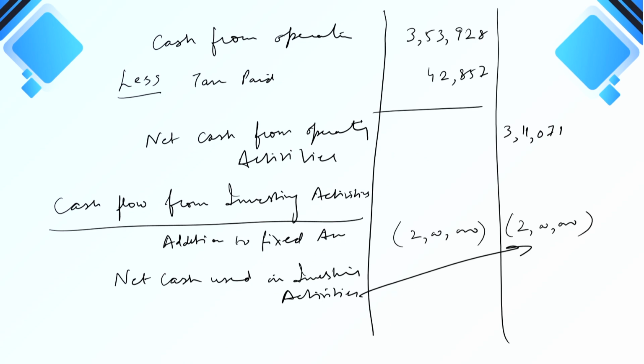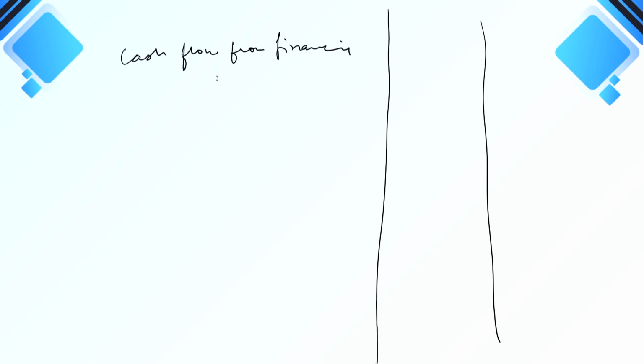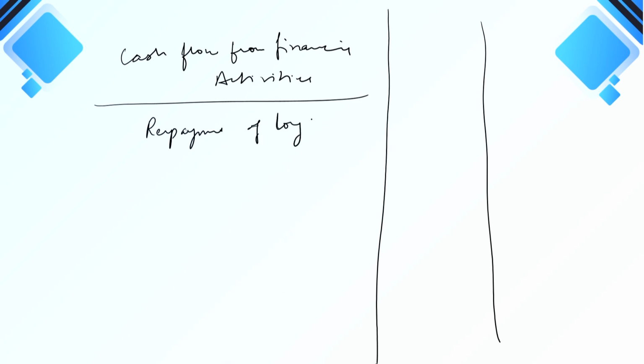The next step is cash flow from financing activities. Here we are given one piece of information regarding the repayment of long-term loan, 50,000.